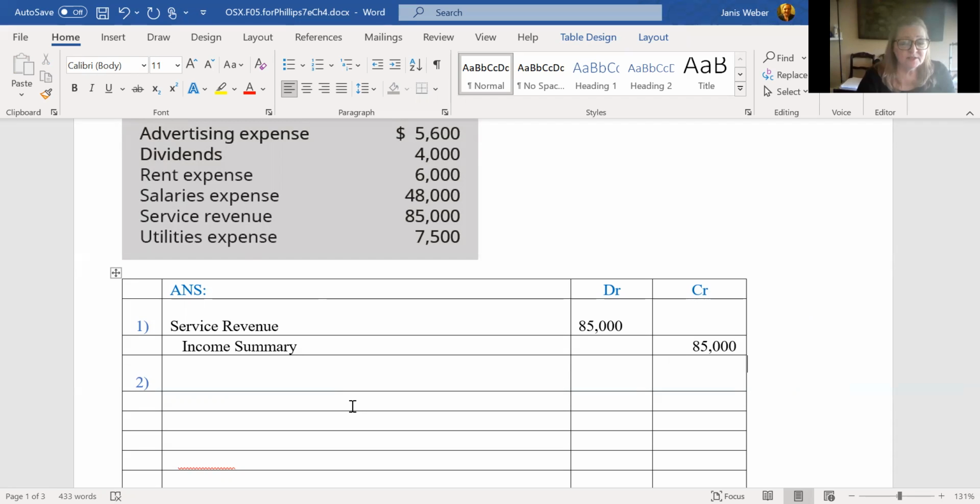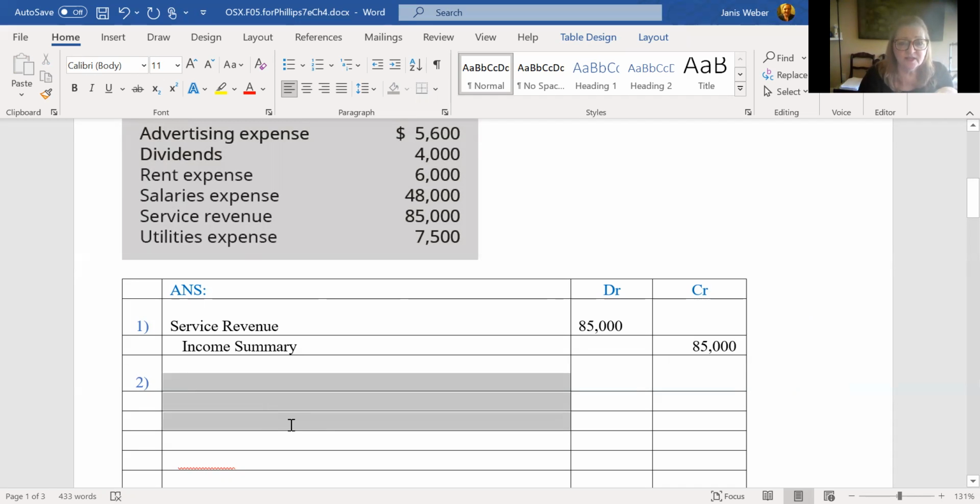And when you're dealing with the expenses, these are all debit balance accounts. But when we close them, we have to do the opposite in order to 0 them out. We're trying to bring their balance to 0. We're going to ultimately dump their balance in these temporary accounts over into retained earnings.